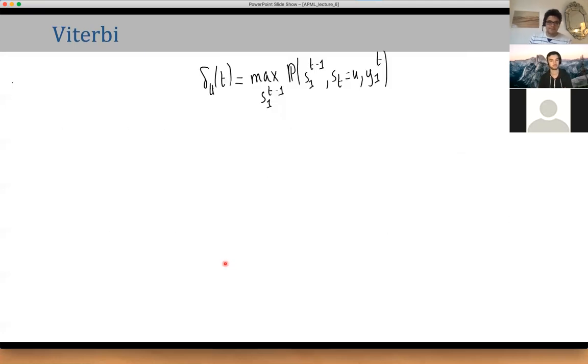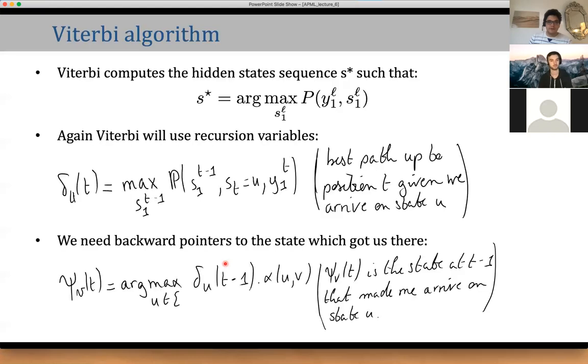Okay. And so how does the Viterbi work now? We need to understand a little how this value works, the maximum over the probabilities of the best path up to position t and landing on state u.